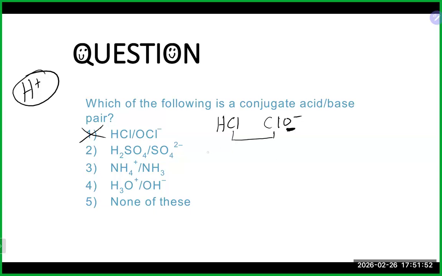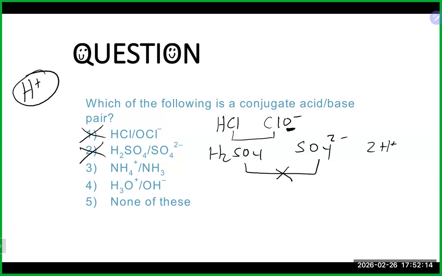We take a look at the H2SO4 and SO4 2 minus. Are these guys pairs? These guys are not pairs either, because the difference here is not 1 H plus, it's actually a 2 H plus difference between those two, and that does not make them pairs.